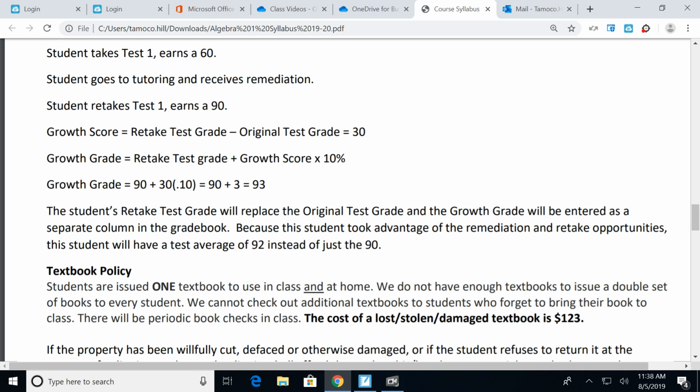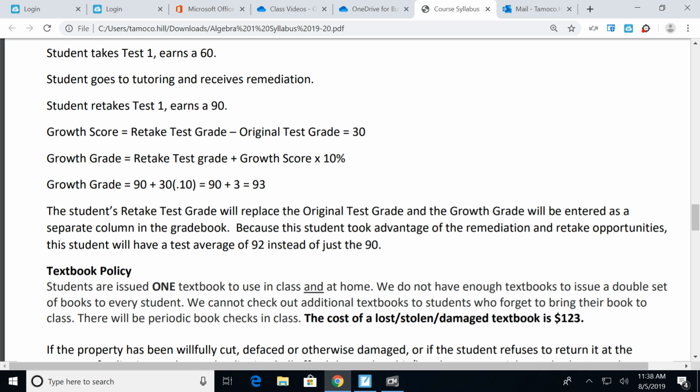So I take 10% of that and I add it to the new grade. So the new grade was a 90. 90 plus 10% of 30 is 3. So that student gets a 93 as the growth grade. So what grades go in the grade book? The 90 replaces the 60, and then in the growth grade column, that student gets a 93.